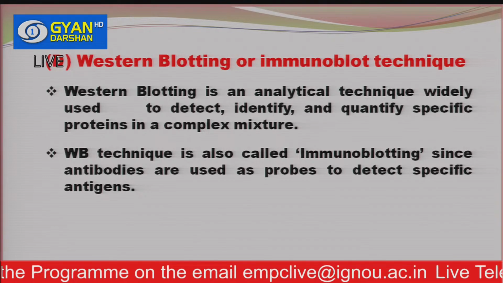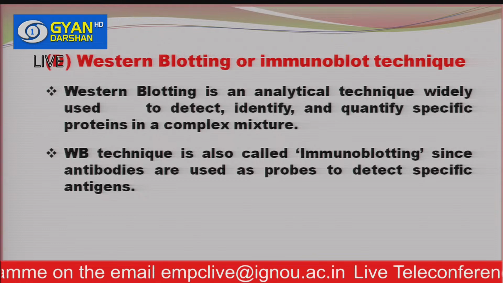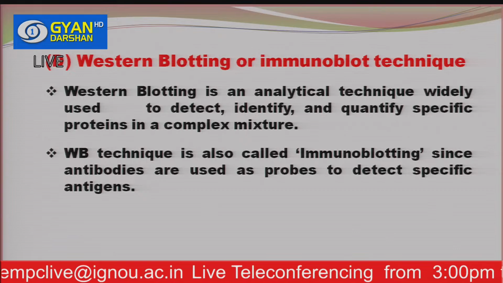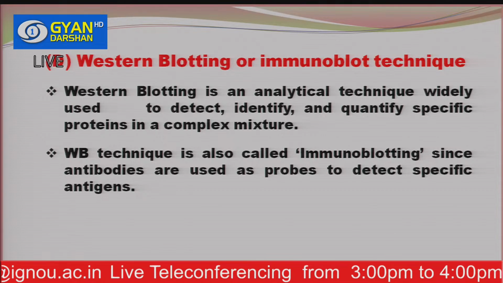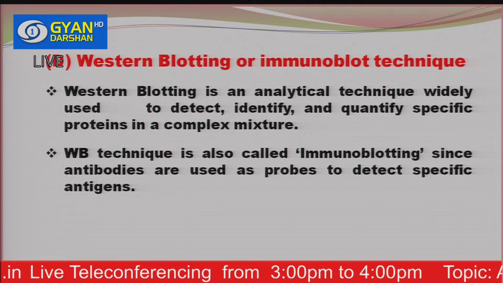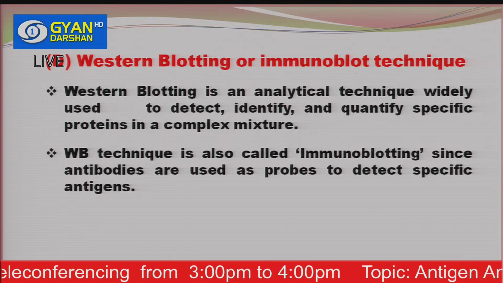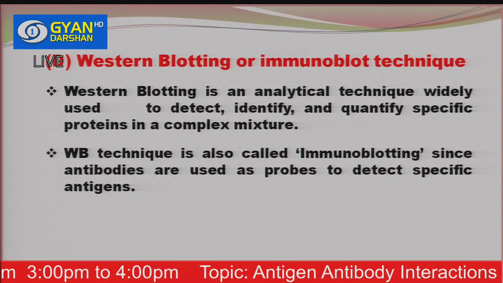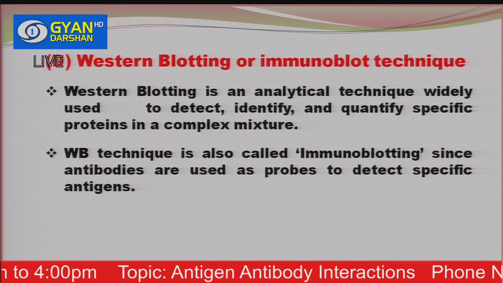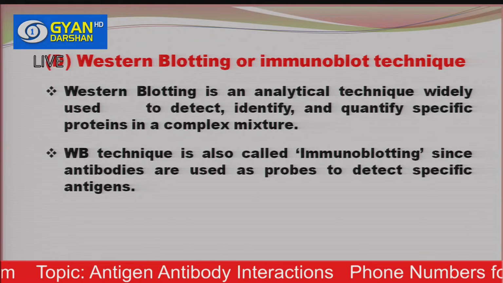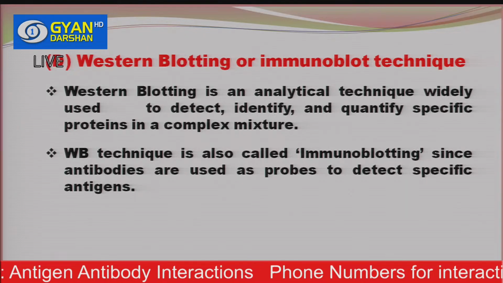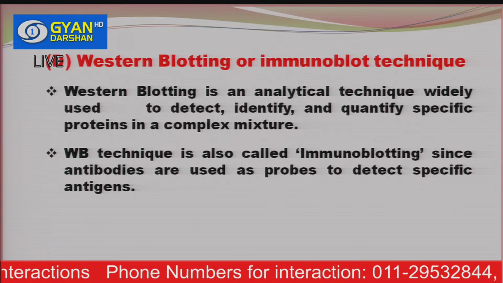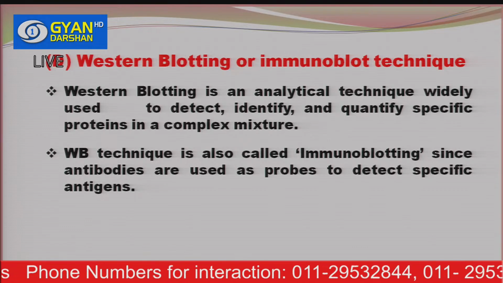Western blotting is also called immunoblotting. Since antibodies are used as a probe to detect the specific antigen, which may be proteins, we can detect whether particular proteins are available in the cell or not through the Western blotting or immunoblot technique. We can detect, identify and quantify a specific protein in a complex mixture.